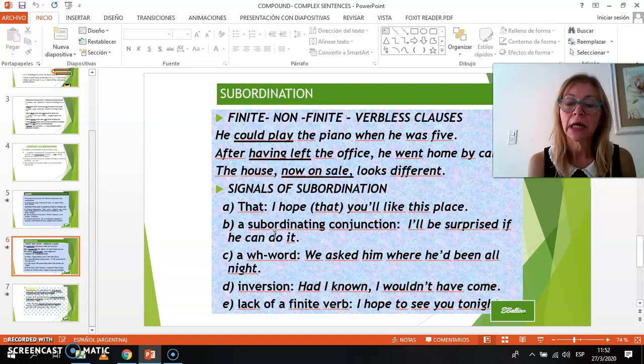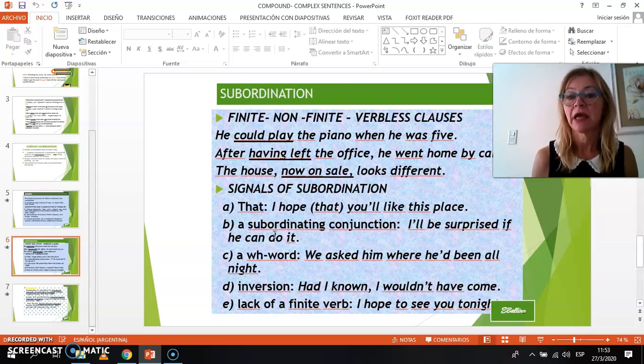Well, another aspect that at this level of your studies you have to know and be able to identify are the different signals of subordination. Grammarians have presented this in this way.